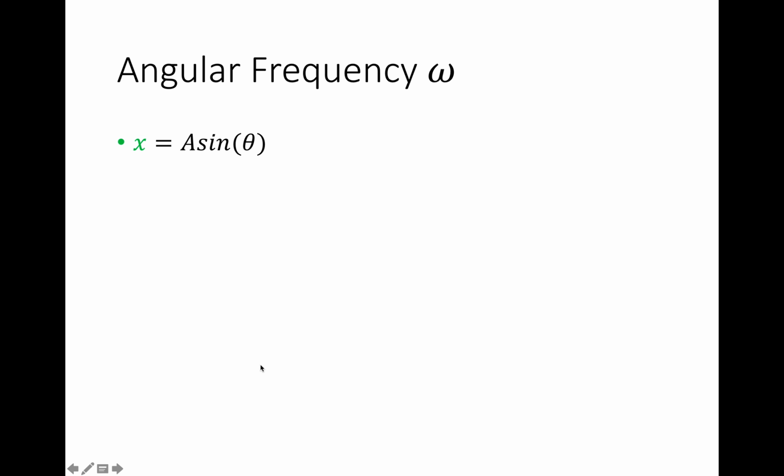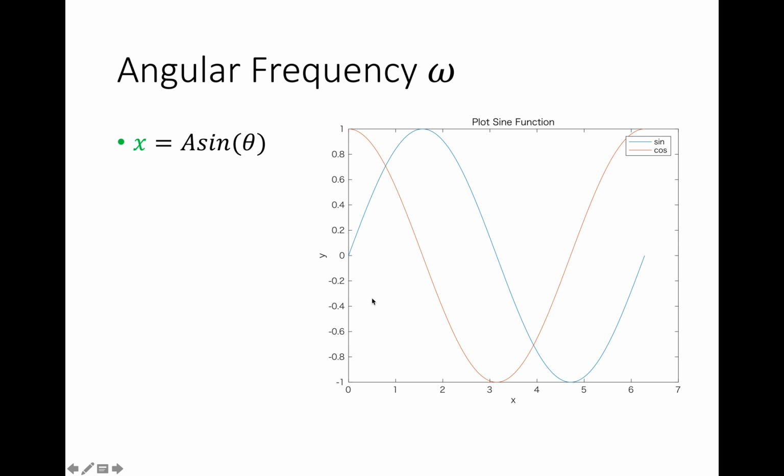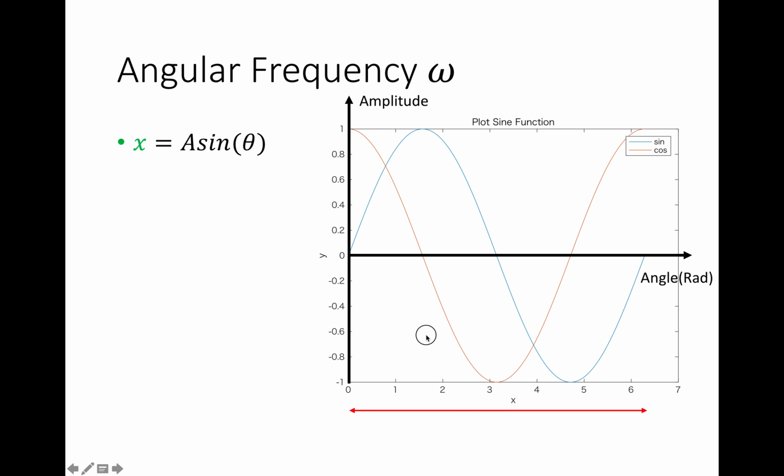What is the angular frequency omega we should talk about here? A sine wave has an amplitude and a horizontal axis, which is the angle. When the angle reaches 2 pi, it comes back to where it began.